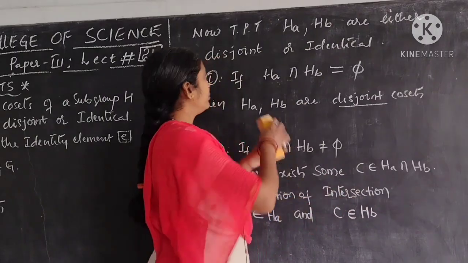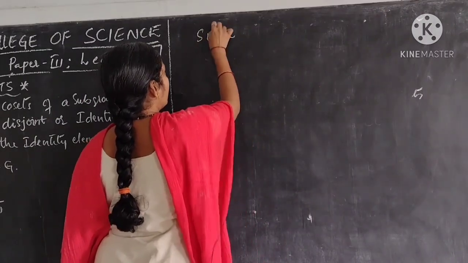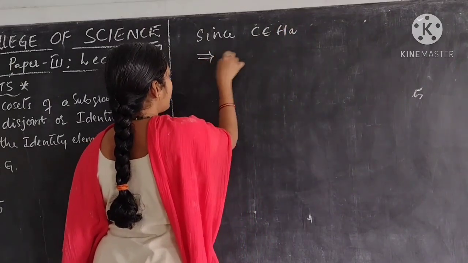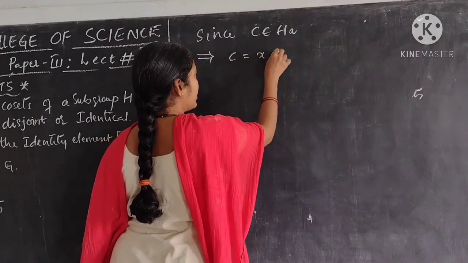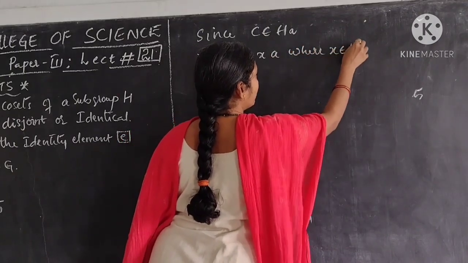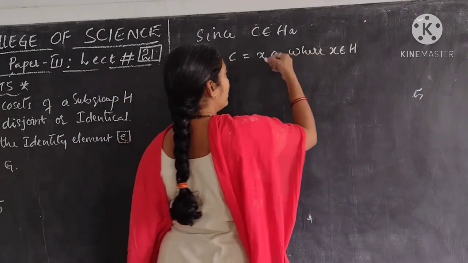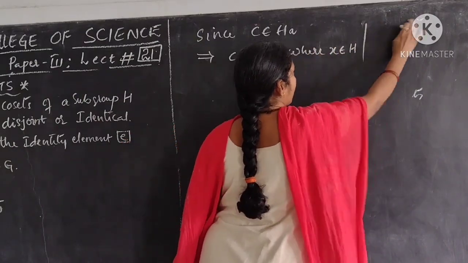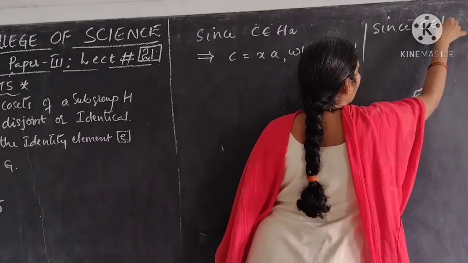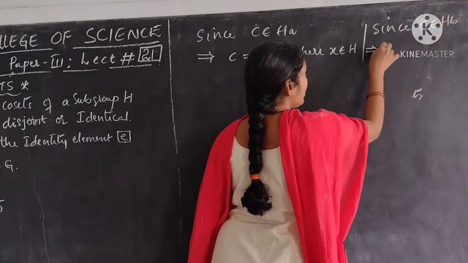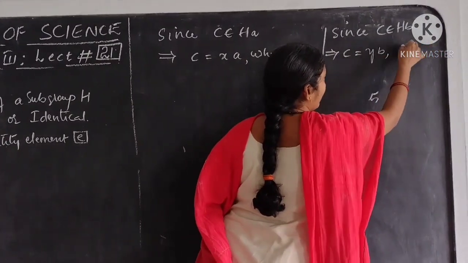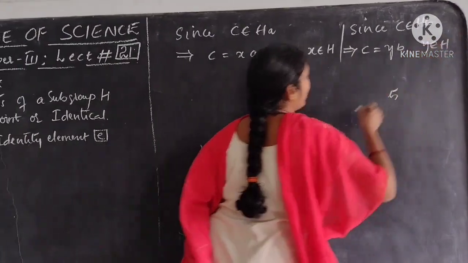What happens? Since C is an element of the coset generated by A, C is of the form x into A, where x is an element of our subgroup. Similarly, since C is an element of the coset generated by B, C takes the form y into B, where y is a subgroup element.